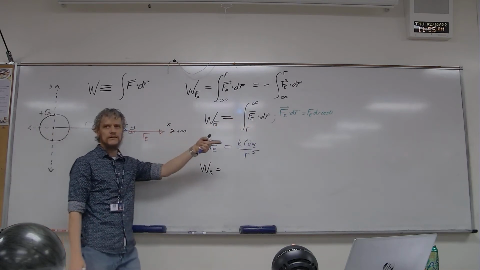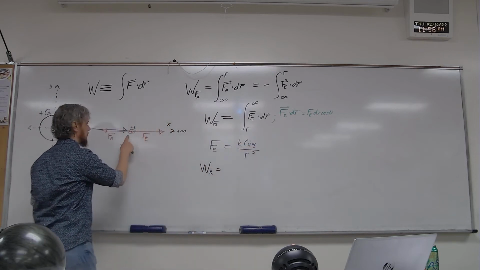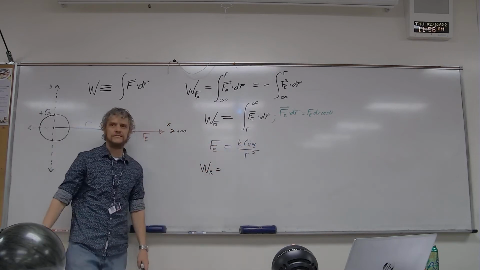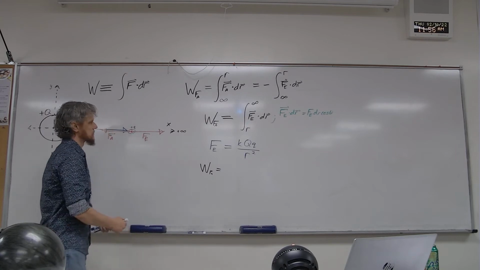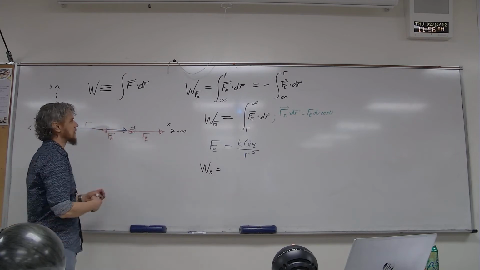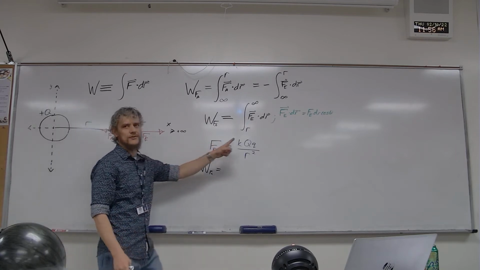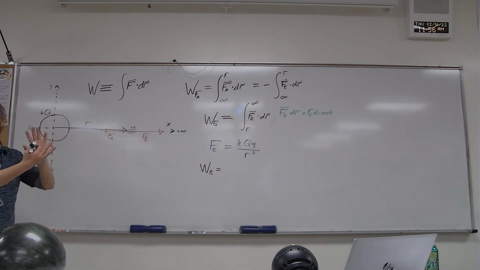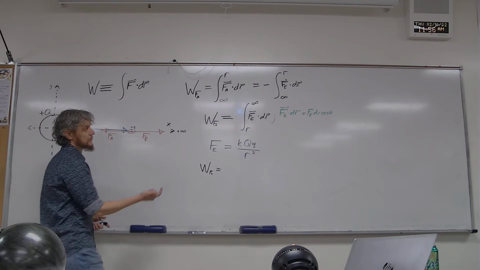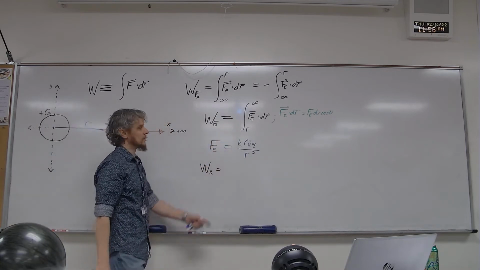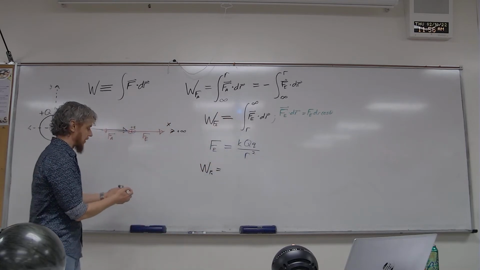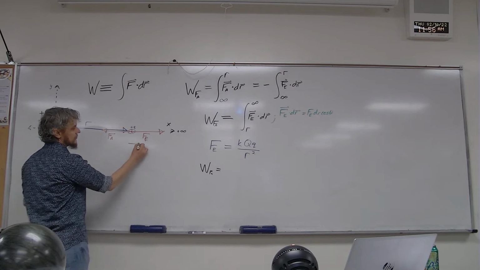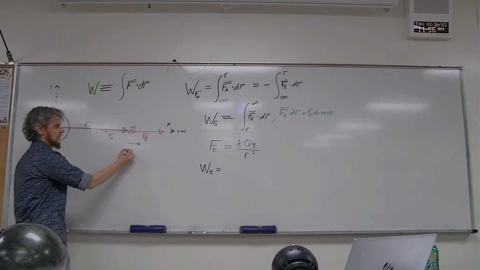We're going that way. How do I know that? Well, because I started at r and I ended at infinity, right? Does that make sense? So imagine the reverse. Now the electric force is doing work and pushing it that way, right? It's the opposite, but the energies involved are the same. But I'm just doing what the integral is telling me to do. I'm going from r to infinity. So therefore, the dr that I use when evaluating the electric force will actually point that way.